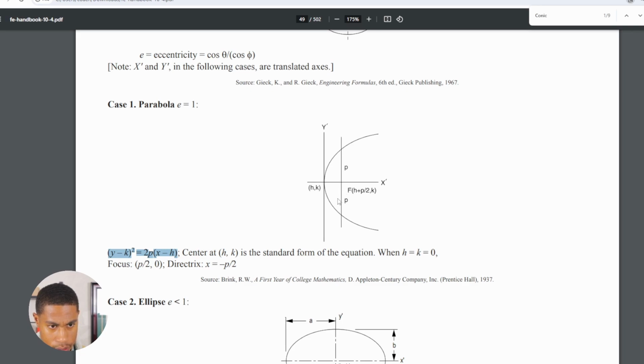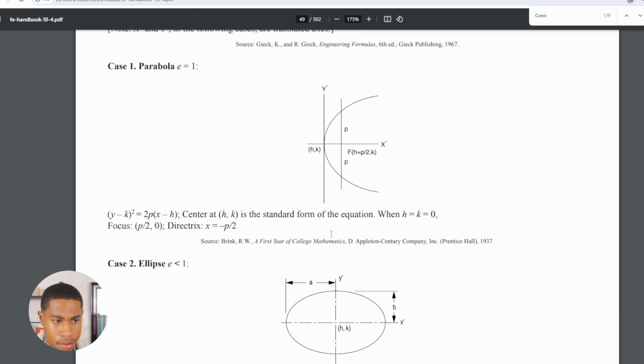It looks like p is some sort of distance along this parabola. And then you have x minus h. h represents the x coordinate of the center of this parabola, and k represents the y center of this parabola. So these are important things to note of what you're looking at. This is generally what a parabola looks like.